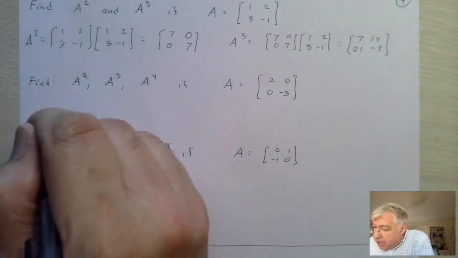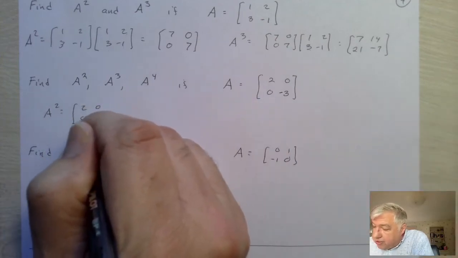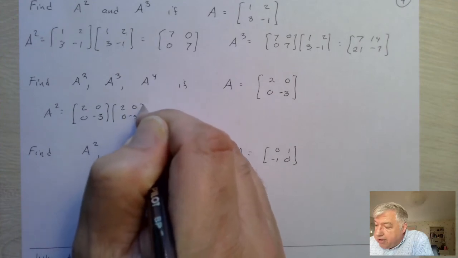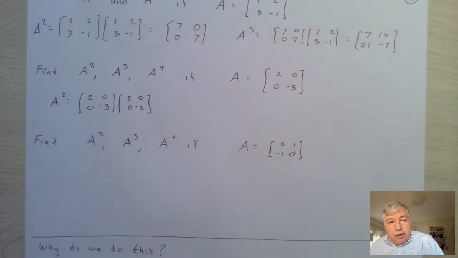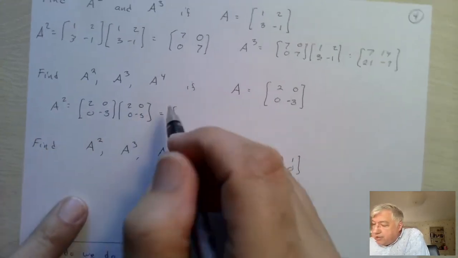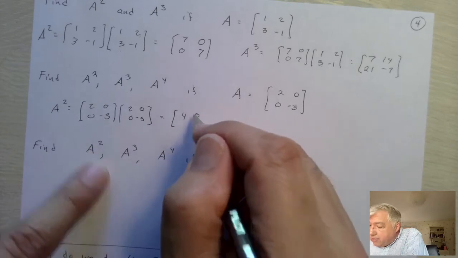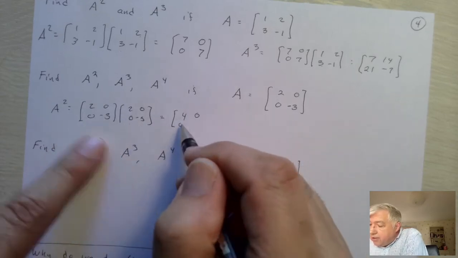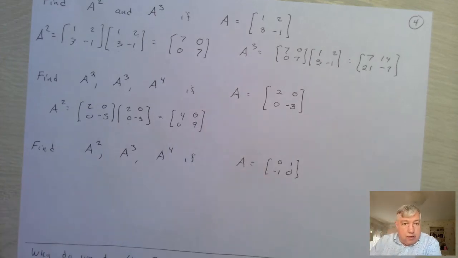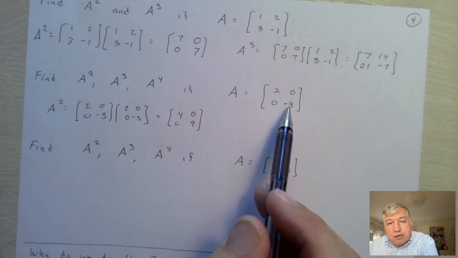In this case, A squared is going to be 2, 0, 0, negative 3, times 2, 0, 0, negative 3. And this turns out to be 4 plus 0, 0 plus 0, 0 plus 0, and 0 plus 9. In other words, we got this by squaring each of these diagonal terms.